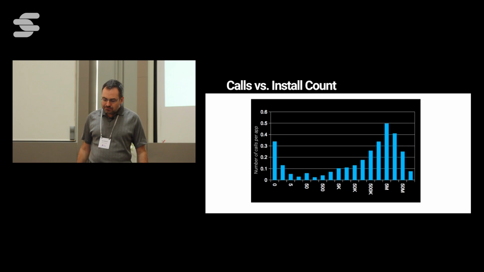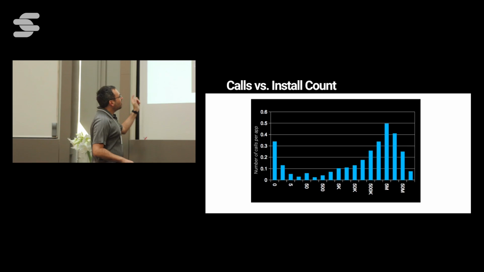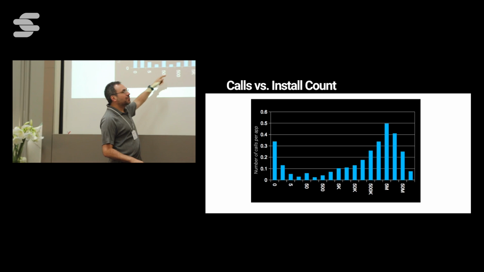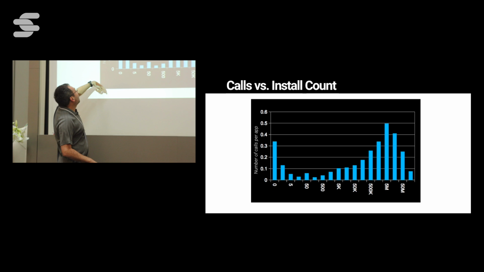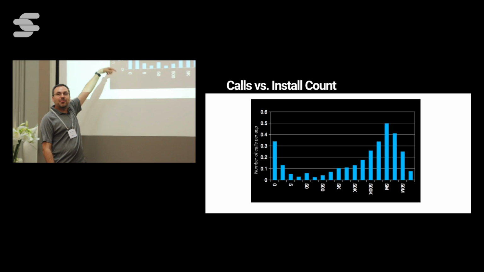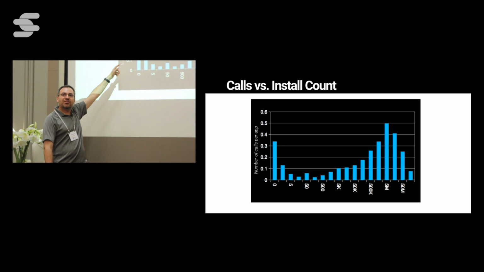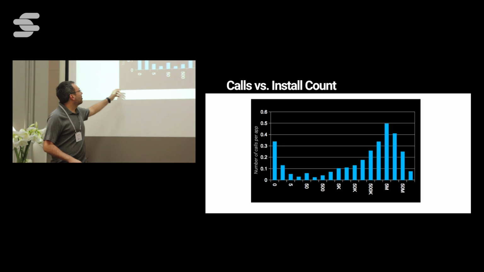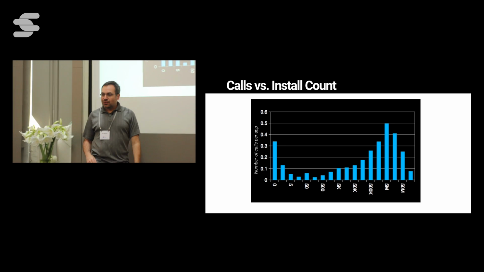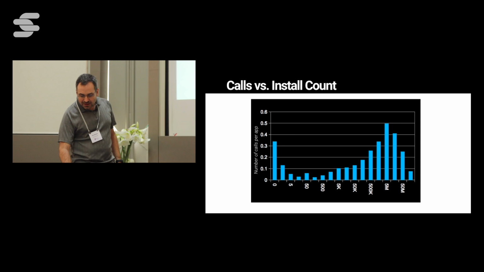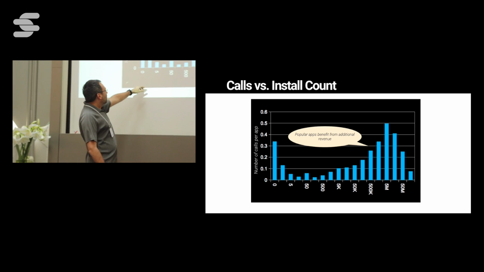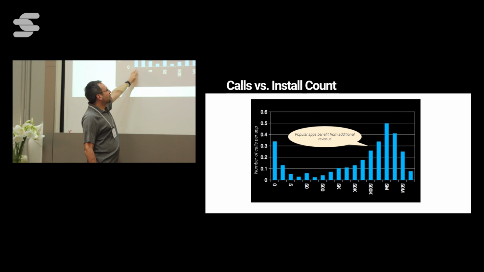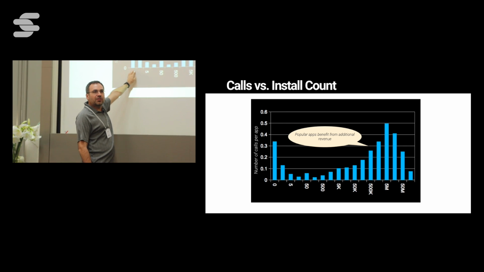But this is fun. The x-axis is the install count, like how many apps are there for whom there are a given number of these API calls that leak sensitive data. And notice that this is a log scale. So what's going on here, what you see, is that as apps become, okay, first off, the very, very small number of install count apps are just evil.